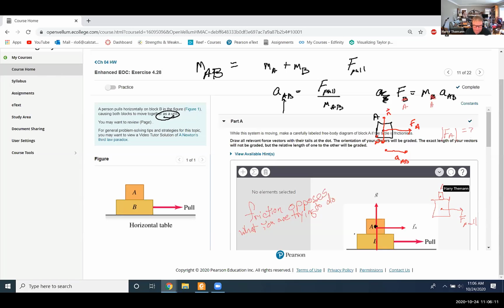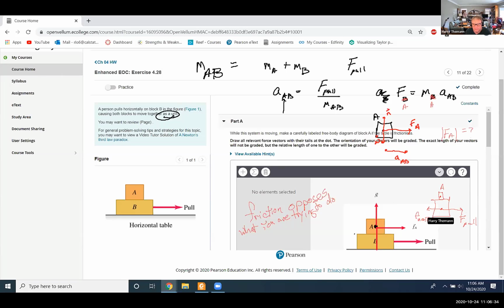What's happening is that this is being opposed by the friction of A on B. Is that right? Or is it B on A? Yeah, it's got to be an internal force, so it's the friction of A on B.